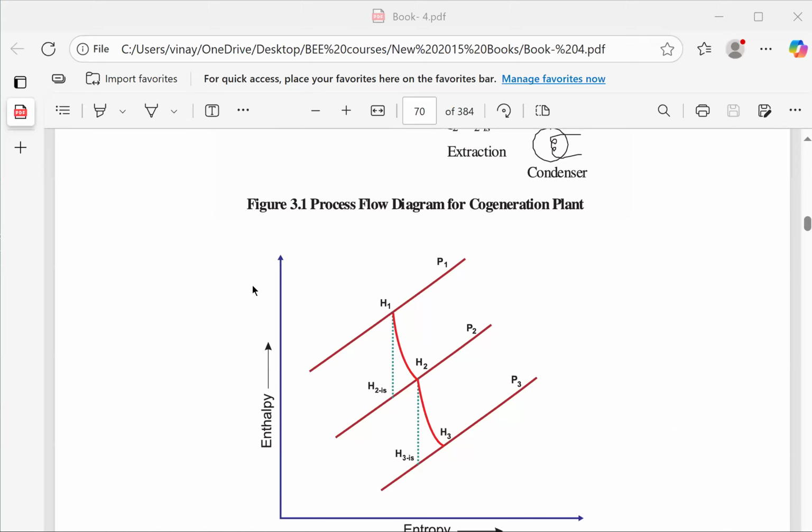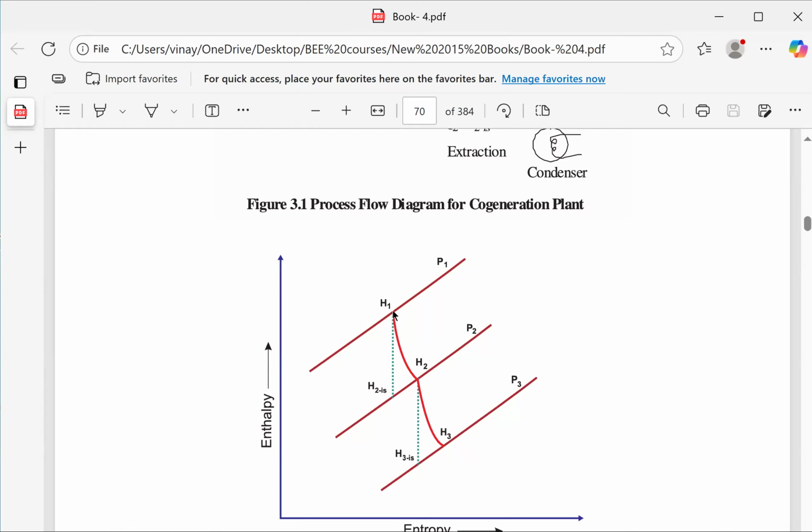Here is the concept clear for enthalpy. This is isentropic expansion from H1 to H2 isentropic. How does it affect? You take a vertical, I mean horizontal, right angle diagonal here on the scale.